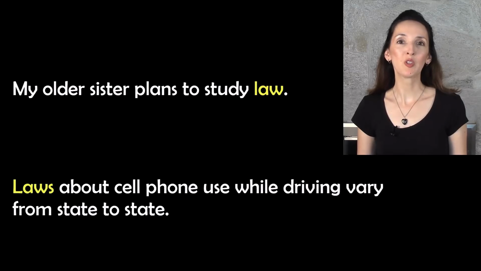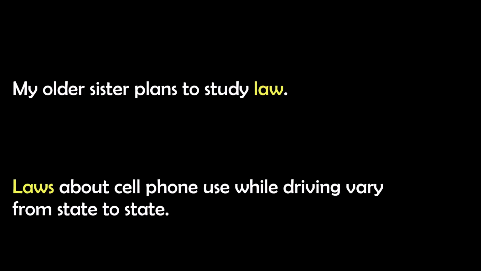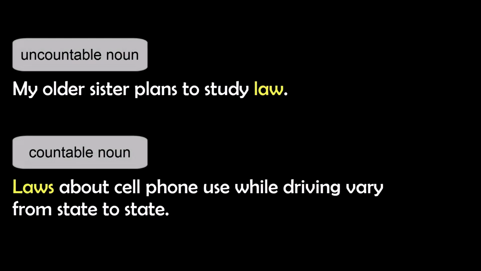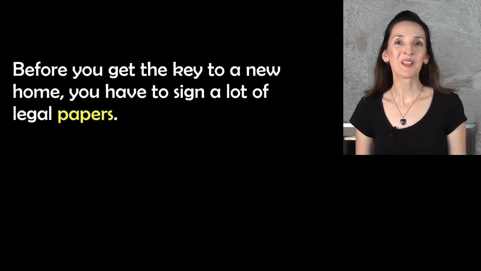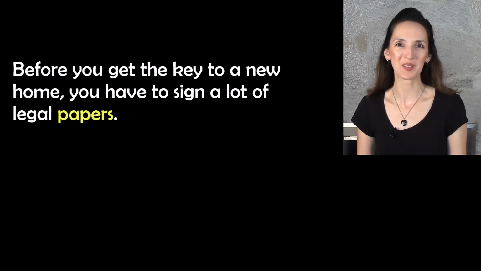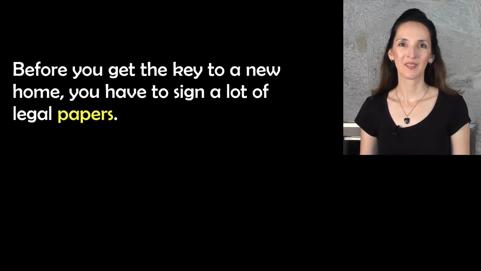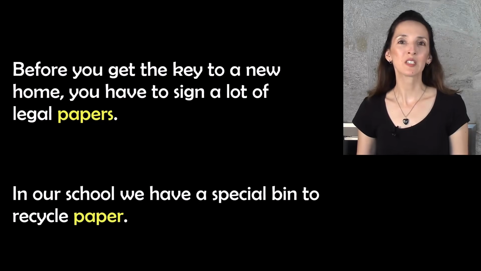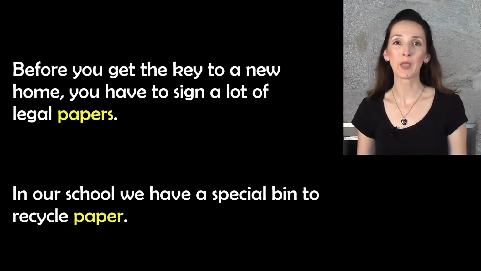Laws about cell phone use while driving vary from state to state. Before you get the key to a new home, you have to sign a lot of legal papers. In our school, we have a special bin to recycle paper.